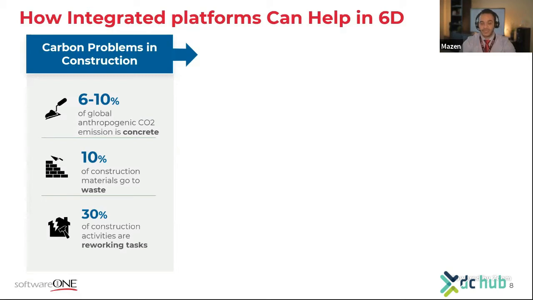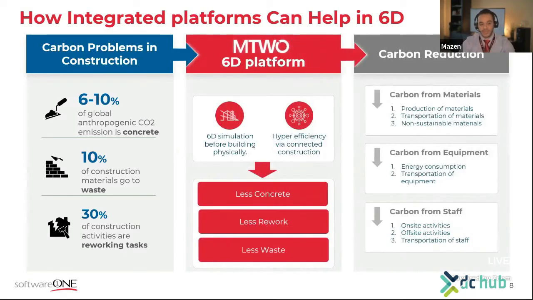As much as 30% of the activities in the industry result in a task that has to be redone. So we believe using an integrated 6D platform, by simulating activities before we go on site and simulating the carbon footprints of our construction projects, will lead to less concrete, less rework, and less waste of energy.